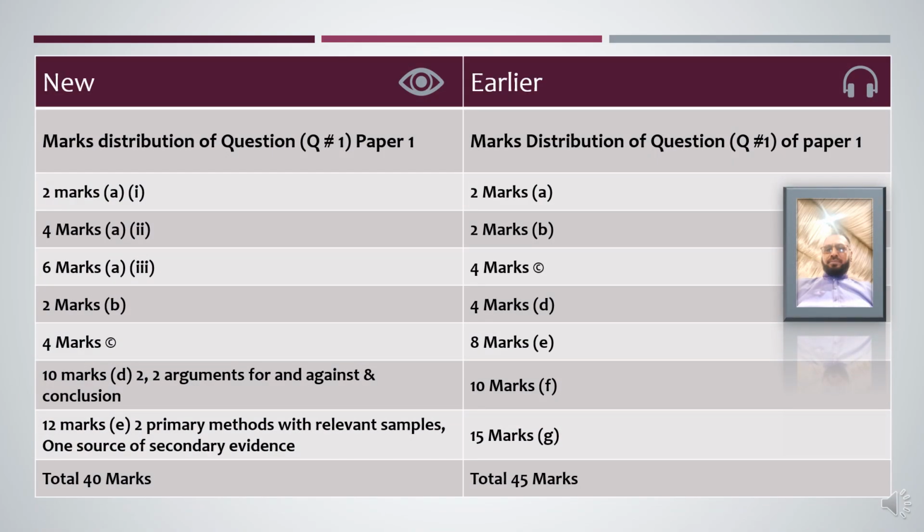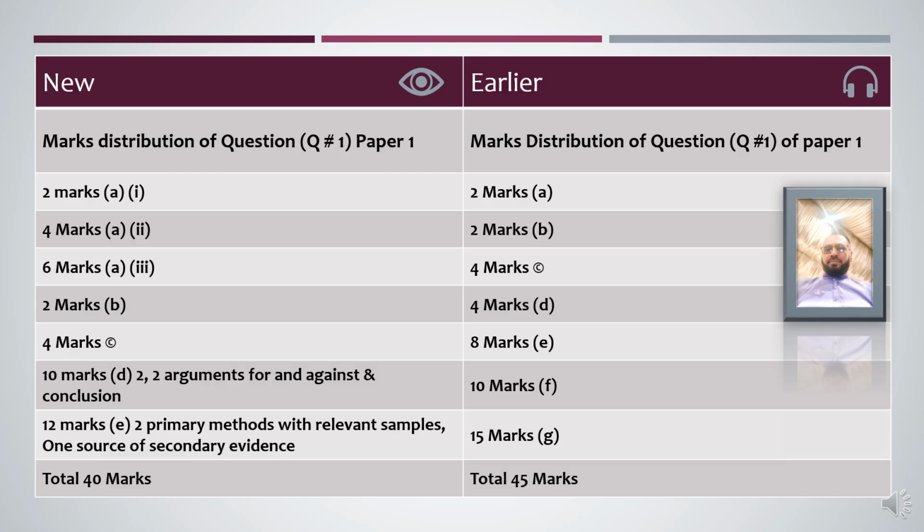Now coming to the comparison in marks, the differences between the new syllabus and the old syllabus. Now see paper 1, question number 1. Section A of paper 1, question 1 comes from research method, and it is compulsory to attempt, right? You cannot leave it.